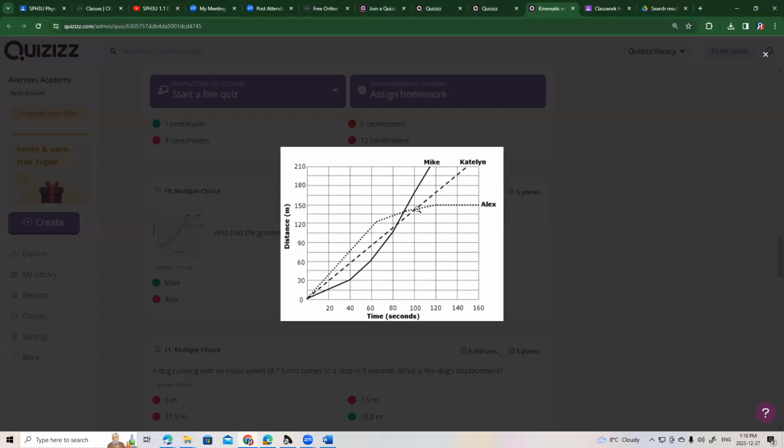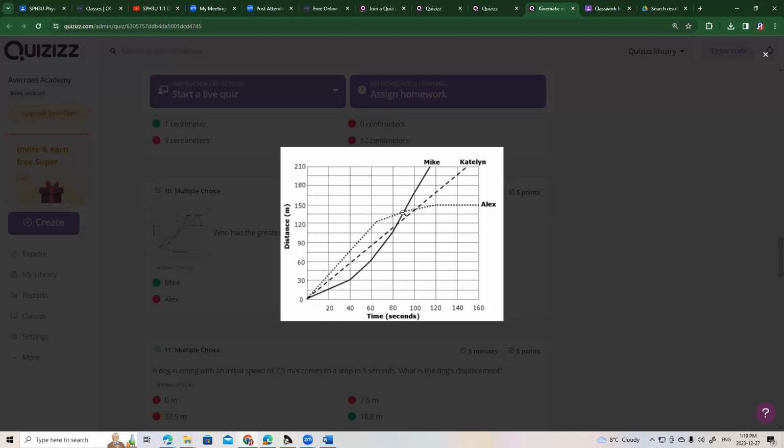And average is initial plus final divided by the time interval. So Michael was coming faster. Okay. So at time 100 seconds, he was already at that distance earlier.